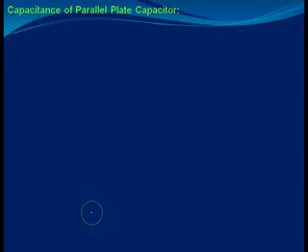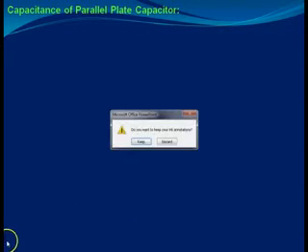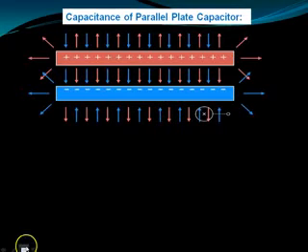Now I will discuss capacitance of a parallel plate capacitor. Just a minute. So capacitance of a parallel plate capacitor. Suppose here we consider two parallel conducting plates, each of area A, and they are separated by a small distance D. D is the distance between the plates, and we say that the charges are plus Q and minus Q, like this.